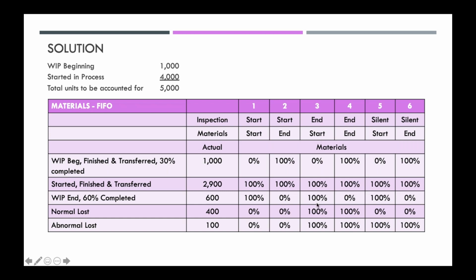Okay? So materials are added at the beginning, nalagyan ng materials yung mga lost units. At dahil ang inspection point is at the end, so hindi pa nila alam na meron ng mga lost unit. Nalaman na lang nila na merong lost unit at the end of the process. So therefore, nalagyan siya ng materials, labor, and overhead. Kaya 100%.